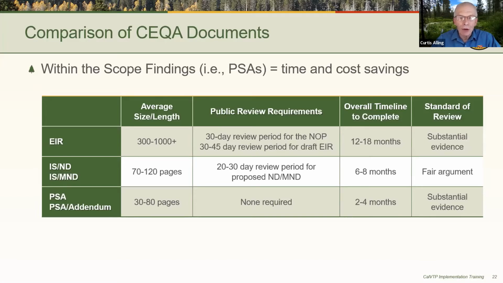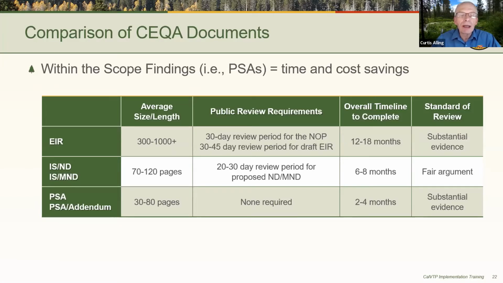The time for the whole process might be 12 to 18 months. If it's controversial or complex, it could go much longer than 18 months, but it is protected by the substantial evidence standard in the event there is opposition and litigation is filed against the EIR.